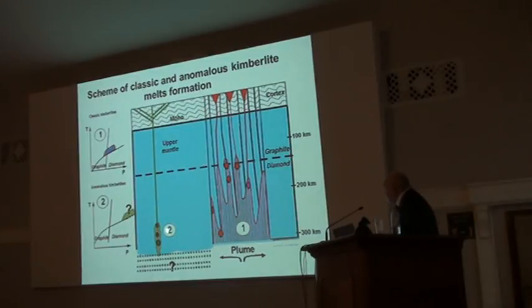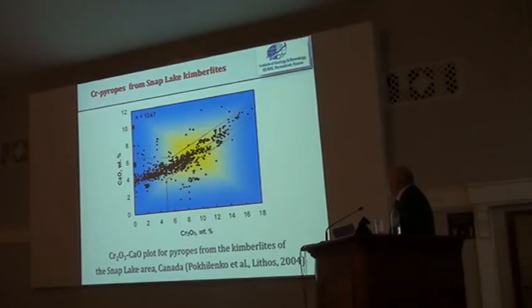But these unusual kimberlites, you see, are produced in a very deep lithosphere by partial melting of slightly carbonated depleted lherzolite, peridotite. And the extremely high thickness of lithosphere beneath the plane is shown by the composition of garnets.